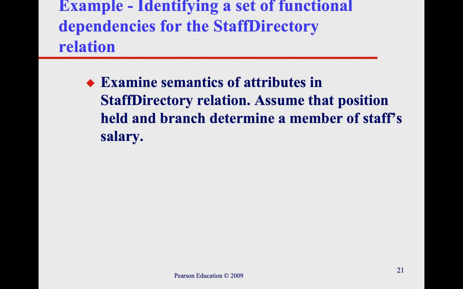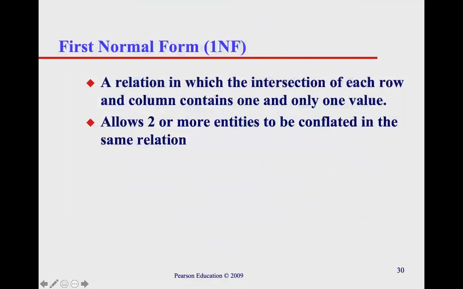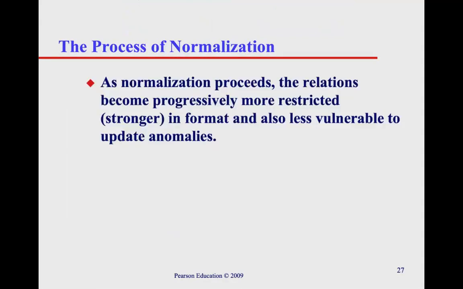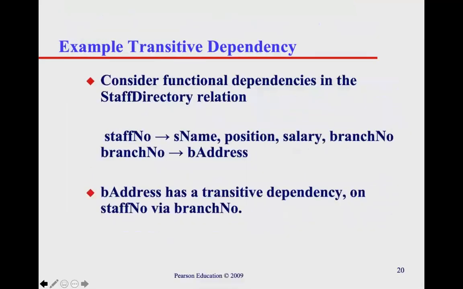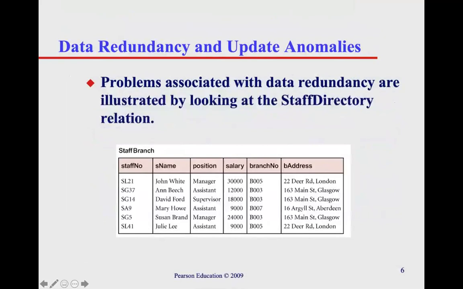All assistants at branch B3 will earn the same amount of money. So just take a moment. I'm going to go back to slide number 6, and I want you to take a few minutes to try to determine what you think are the functional dependencies here. I'm going to give you about 3 minutes, and then I will show you what those functional dependencies are.